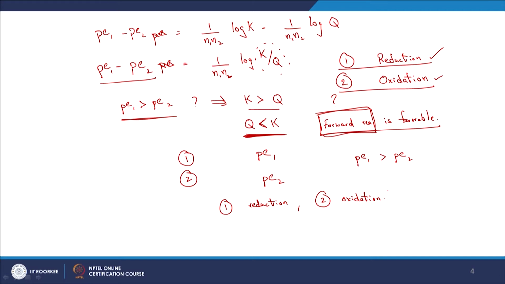So what does this mean now? When P1 is greater than P2, we consider 1 as reduction itself, so the half reaction stays as it is, but the second one, because of its lower P2 value, has to be considered as oxidation, right. Obviously, if P1 is less than P2, when will the redox reaction be feasible?